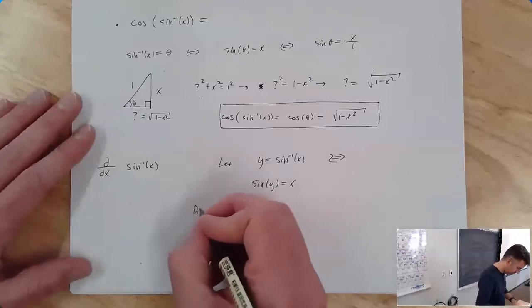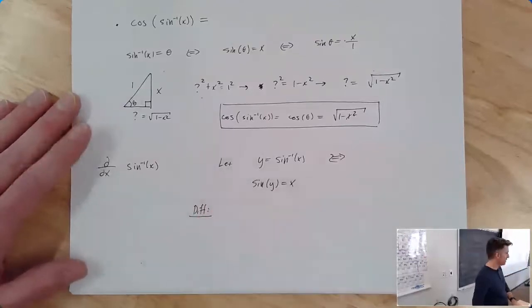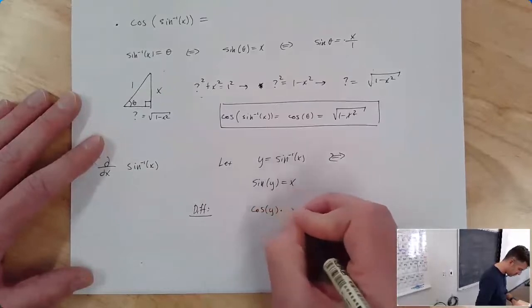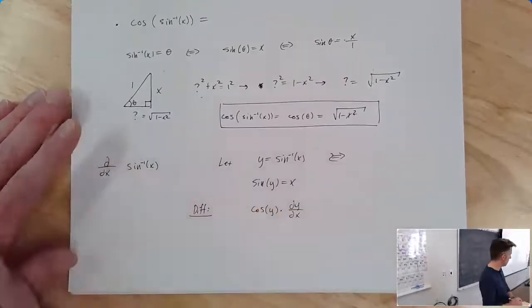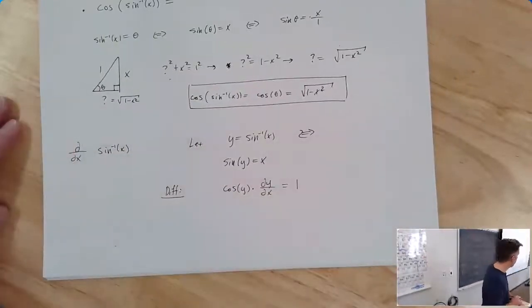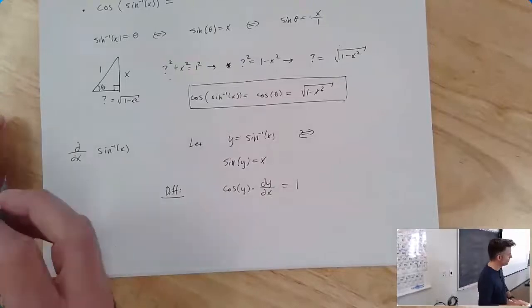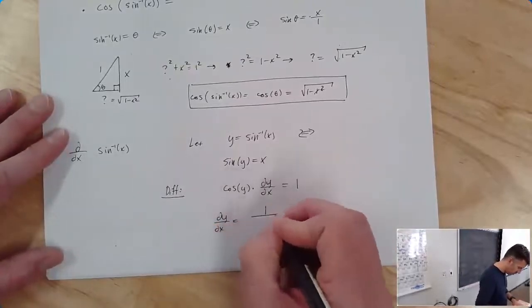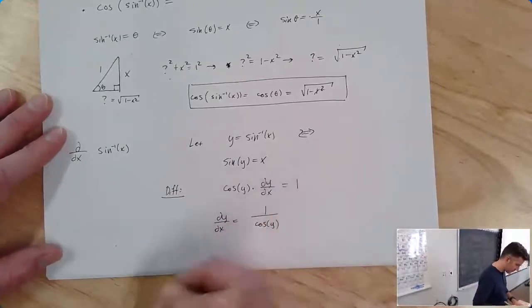So if we differentiate, what's the derivative of sine of y? Right, cosine of y times y prime or dy/dx. And the derivative of x is just 1. So check this out. Our derivative ends up being 1 over cosine of y.